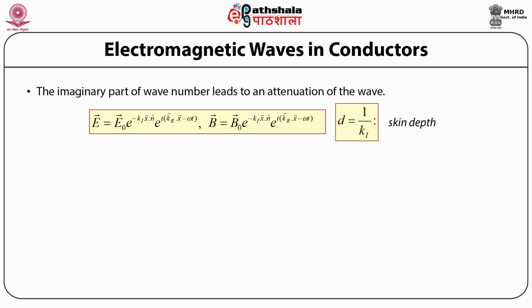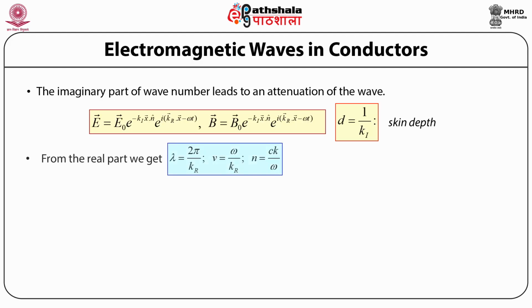The skin depth d is defined as d = 1/k_imaginary. It is the distance at which the amplitude of the wave is reduced to 1/e of its original value and is a measure of the distance up to which the wave penetrates into the conductor. The real part of k determines the wavelength, the phase velocity and the refractive index.